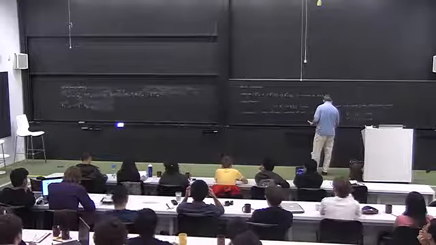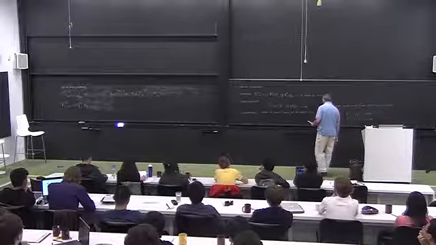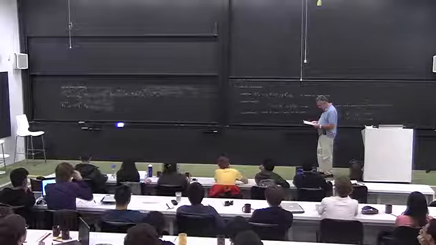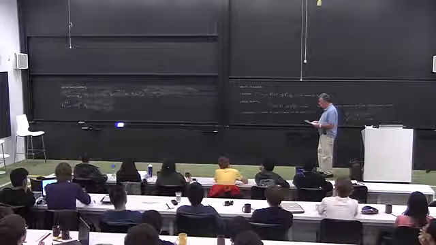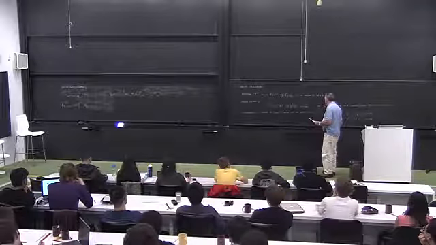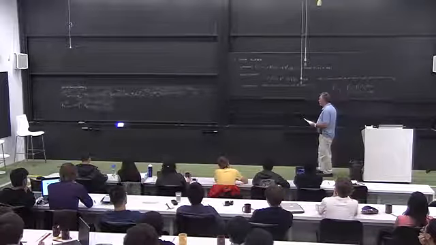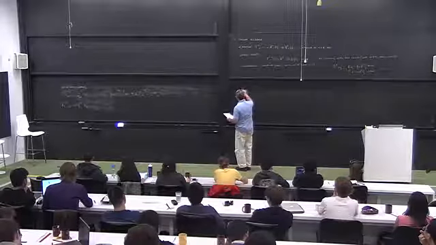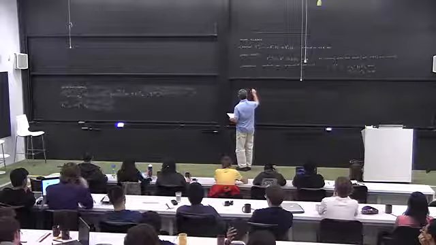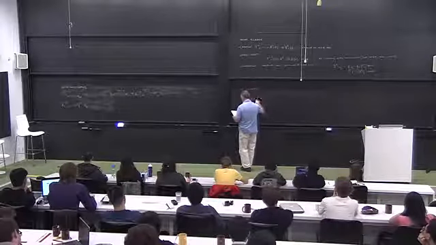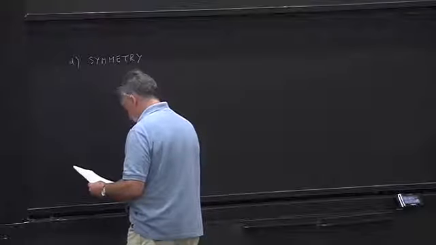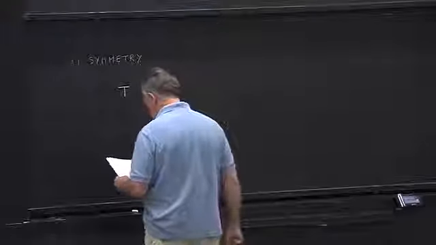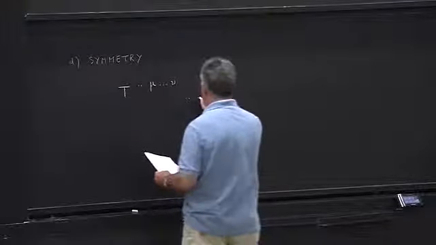Next property is symmetry. If we have some tensor with a bunch of indices, mu, nu, and it could have lower ones, perhaps.